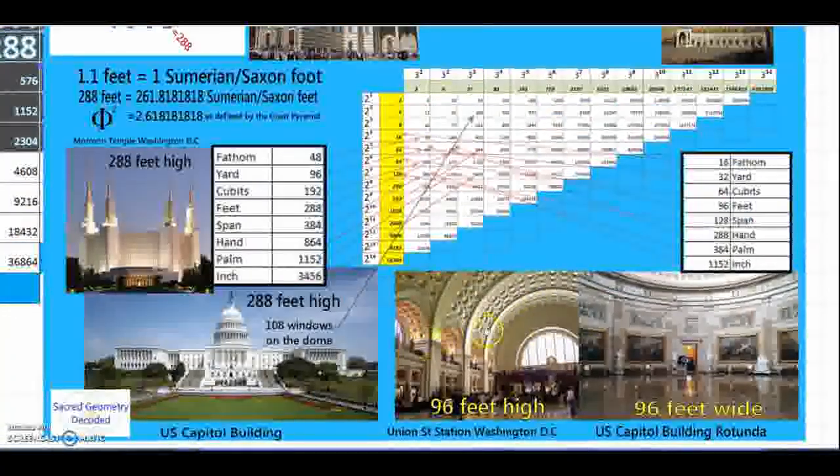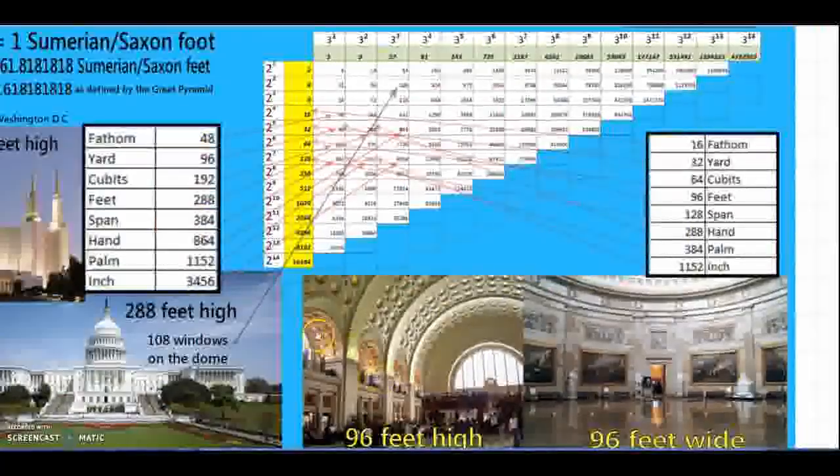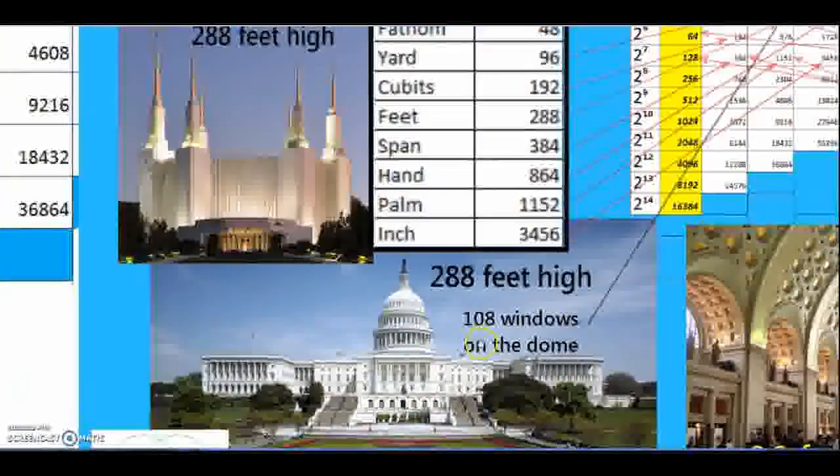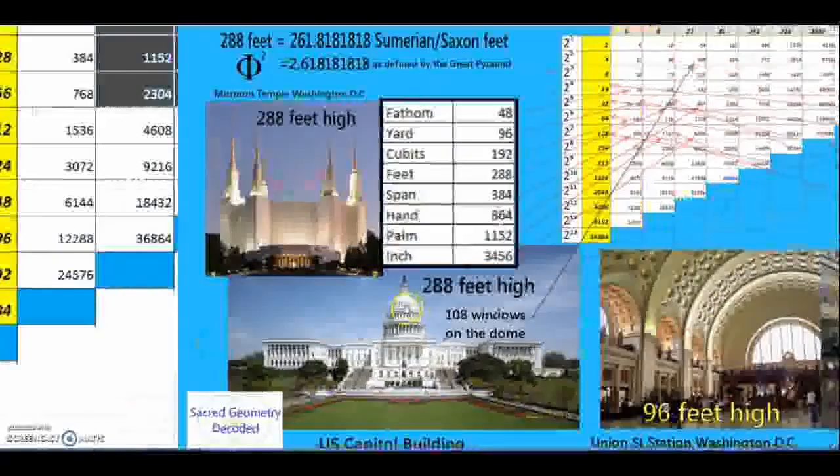The height of the main hall there in Union Station: post offices, train stations, and ports are always symbolic through measures, and the symbols literally overflow with these powerful symbols from ancient times. And because it's a transport hub, a hub of commerce as well, that's another reason. But okay, so we see 288 in hands, but back to the 288 feet high Capitol building.